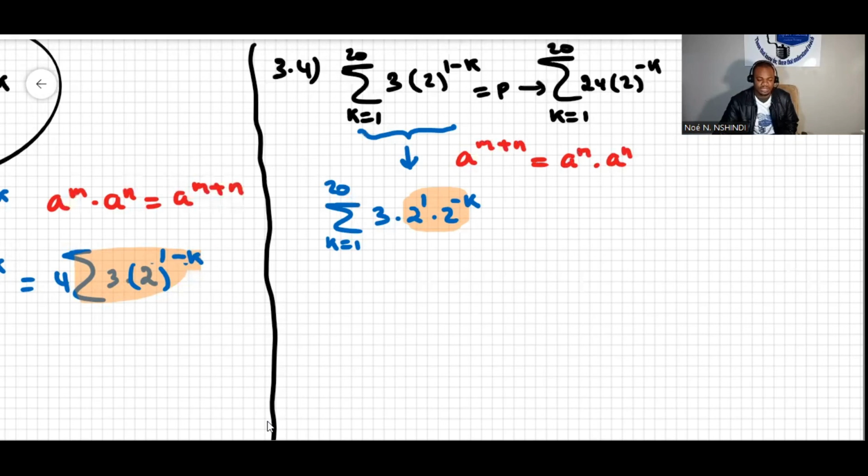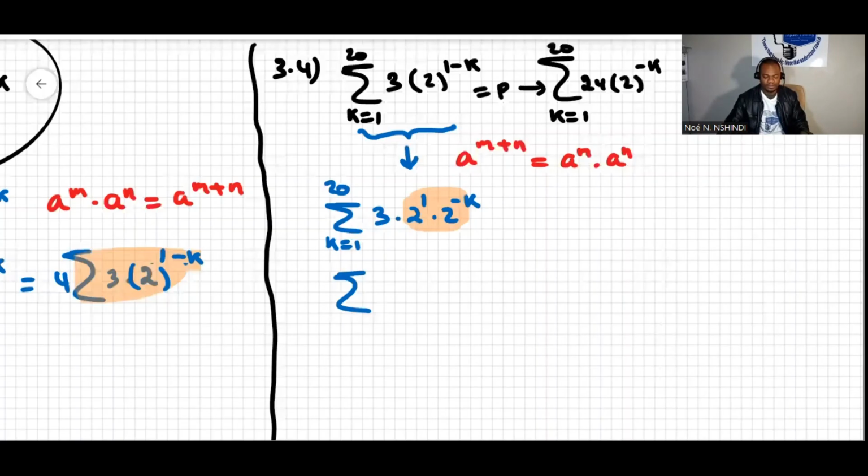What I am saying is that I need to have the exponents of negative k, so this can be written as the sum of 6 times 2 to the negative k, k starting from 1 to 20, now equal to p.